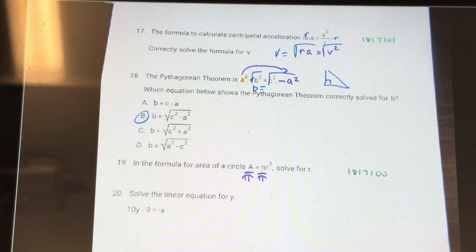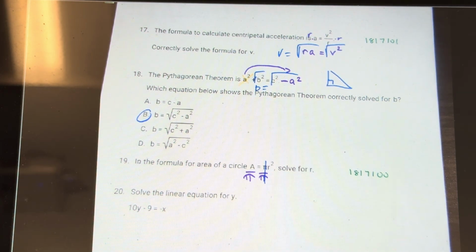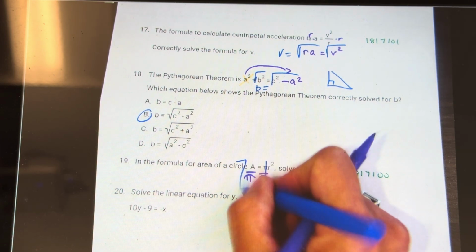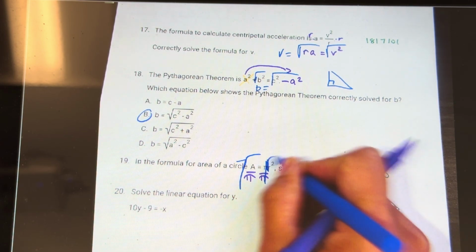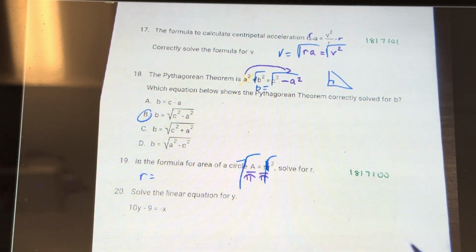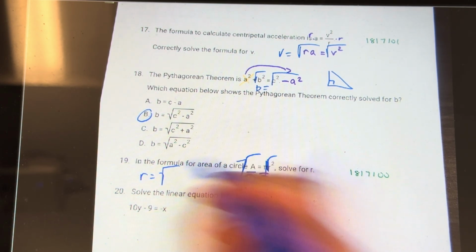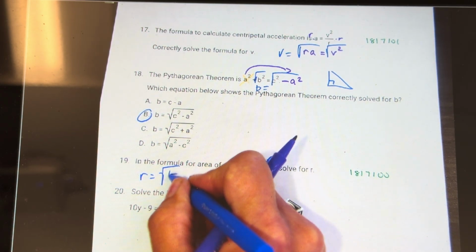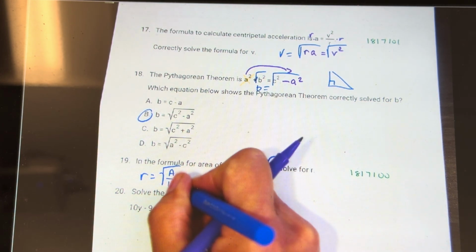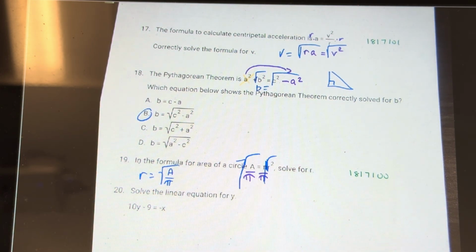And then for a third time in a row, the opposite of squaring something is square root. So there's probably a good chance you're going to see one that has a square root. So r equals the square root of a over pi. And that symbol is underneath in your list of where your x squared is.